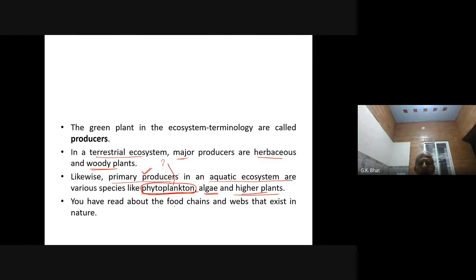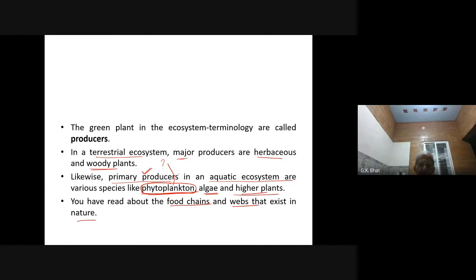You have read about food chain and food webs that exist in nature. Otherwise, what is the food chain? You know, in an ecosystem, one organism eats another organism, and the same organism is eaten by another organism. This is the food chain.